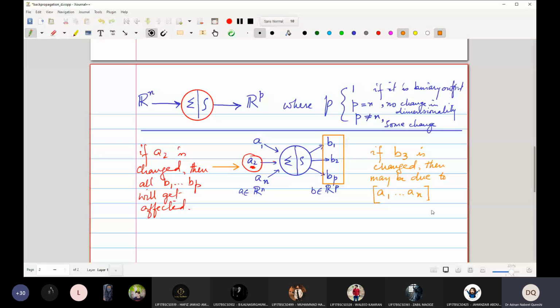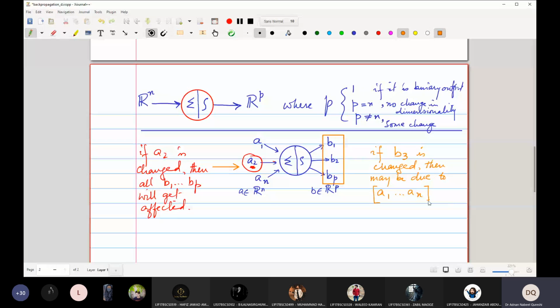So we cannot just say that in B3 there was only the contribution of A3. If there is a change in B3, then what we have to do is find out the contribution of each one of these terms. So it will be the partial with respect to A1, with respect to A2, A3, AN, we have to look at all of them.